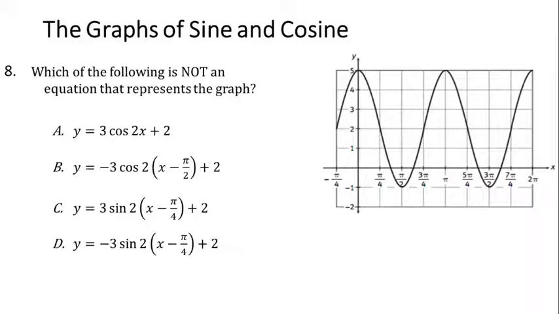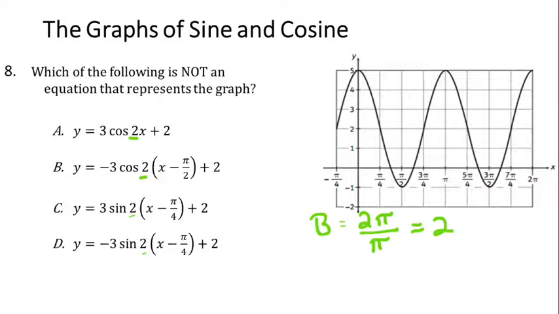We had a period of pi, and to find the b value for our function, b is going to be equal to 2 pi divided by the period, which in this case is pi, and so that simplifies to 2. But if I look at all my equations here, they all have that 2 there.